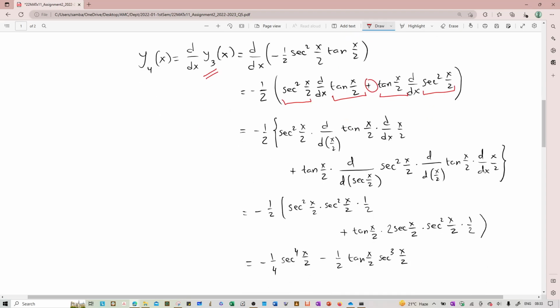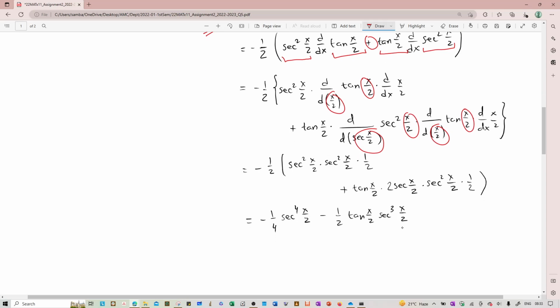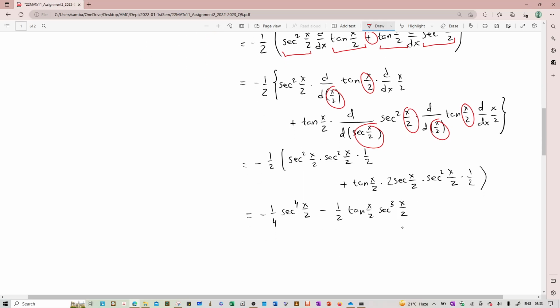And you see that we use the chain rule multiple times, right? And we differentiate this, and the final expression for the fourth derivative of y with respect to x is minus 1 by 4 sec to the power 4 x by 2 minus half times tan x by 2 sec cubed x by 2.